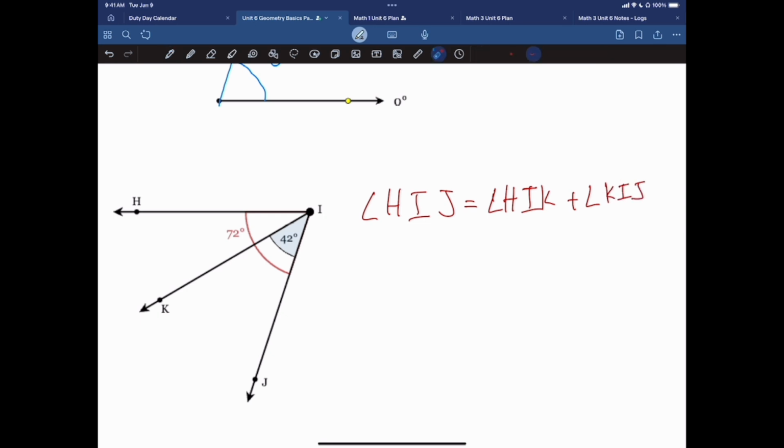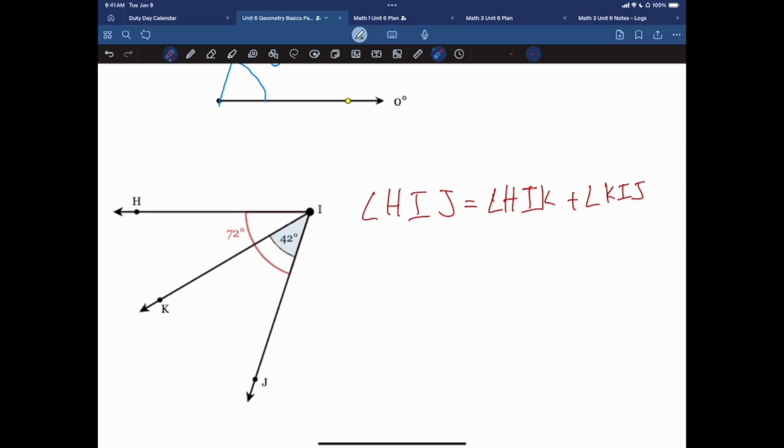HIJ is this angle here, HIK is this angle here, plus KIJ.